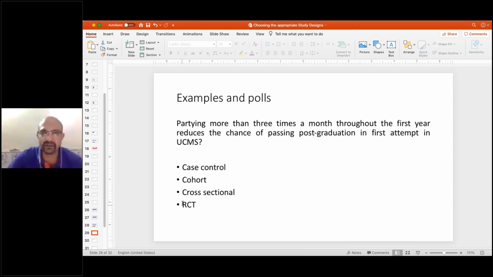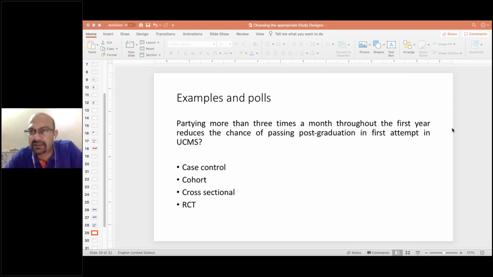So the next poll question would be, the question that is being studied is partying more than 3 times a month throughout the first year reduces the chance of passing PG in first attempt in UCMS. तो क्या वो लोग जो पहले साल में 3 बार से ज्यादा हर महीने में पार्टी करते हैं, do they have a better chance of passing post graduation exam than those who do not party?